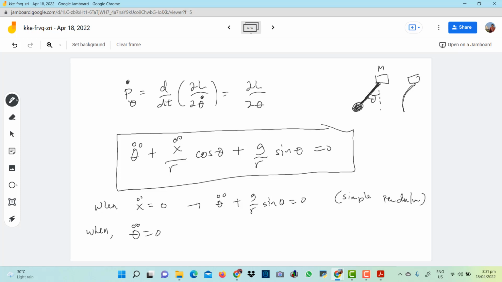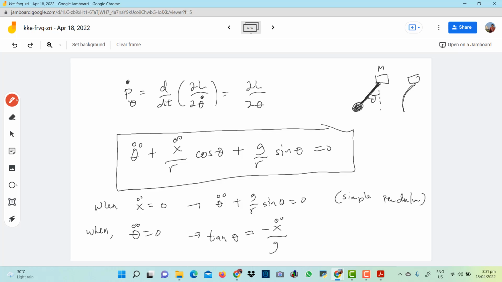Okay, so when your theta double dot is 0, then it means that your tangent theta, right? Tangent theta here is minus x double dot over g. Tangent, okay, because of the sine over cosine. What remains is the second term or the third term. And if you solve for the theta there, it's just equal to minus x double dot over g.